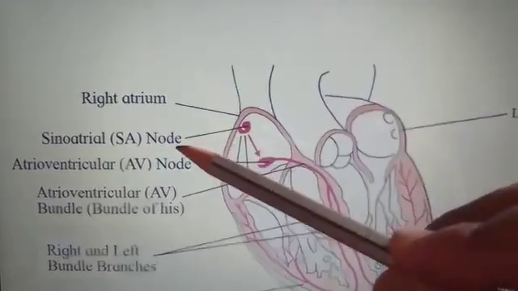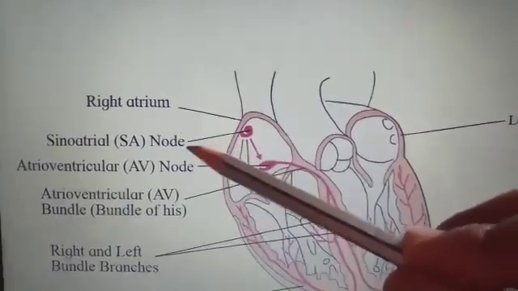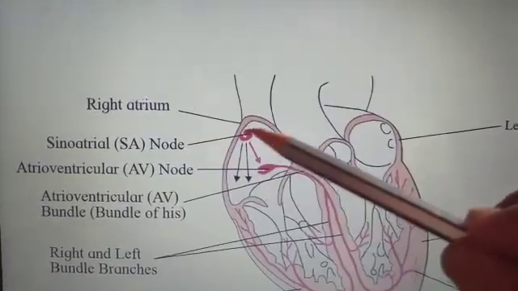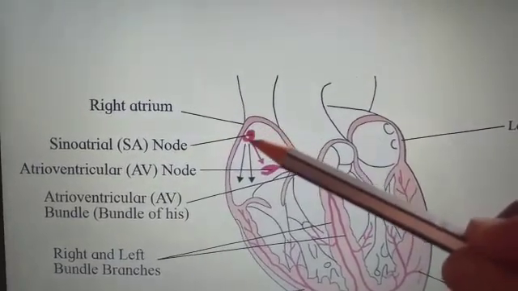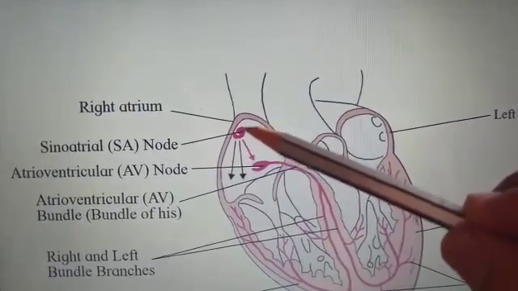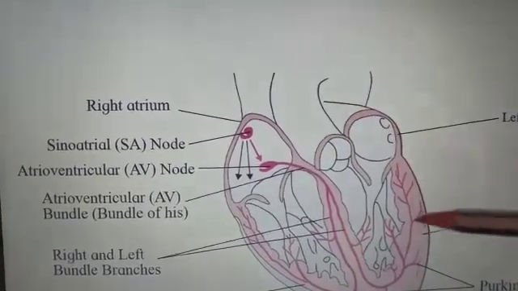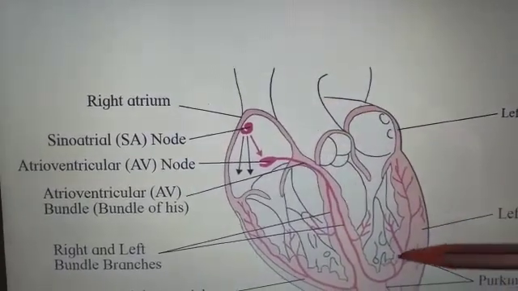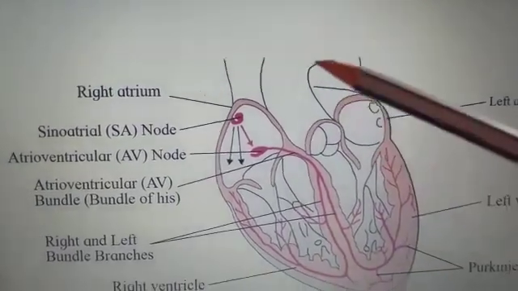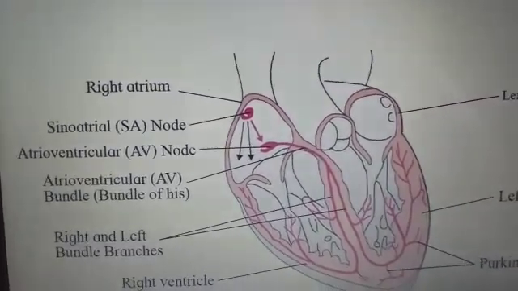This is the location of the SA node, also called the pacemaker. Why pacemaker? Because it generates the impulses for contraction, and all those impulses spread on the wall of the heart muscle, which results in the contraction of the human heart.